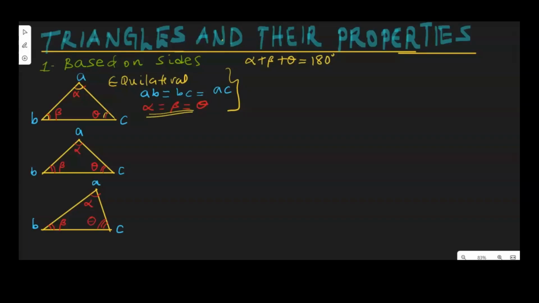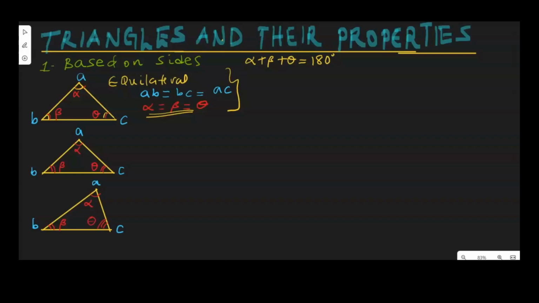That means an equilateral triangle has got three sides equal and also three angles equal. I will tell you the tip so you can easily understand why the three sides are equal and why the three internal angles are equal.